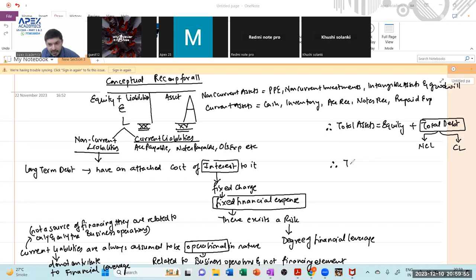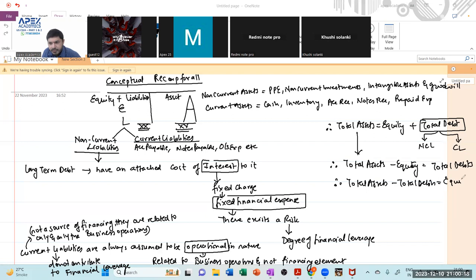Therefore, can I say that total assets minus equity is equal to total debt? Yes, I am just taking this equation, taking one thing to the other side. Therefore, I can also say that total assets minus total debts is equal to equity. Agreed or disagreed? Agreed? Basic equations.